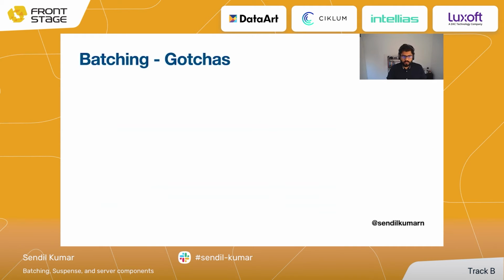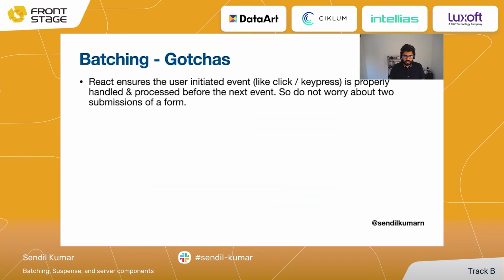What are the few things that you have to take into consideration about batching? For user-initiated events like a key press or a click, React actually ensures that they are properly handled and processed before the next event. So you eliminate the worry about having two submissions of the same form, which is a frequent issue.